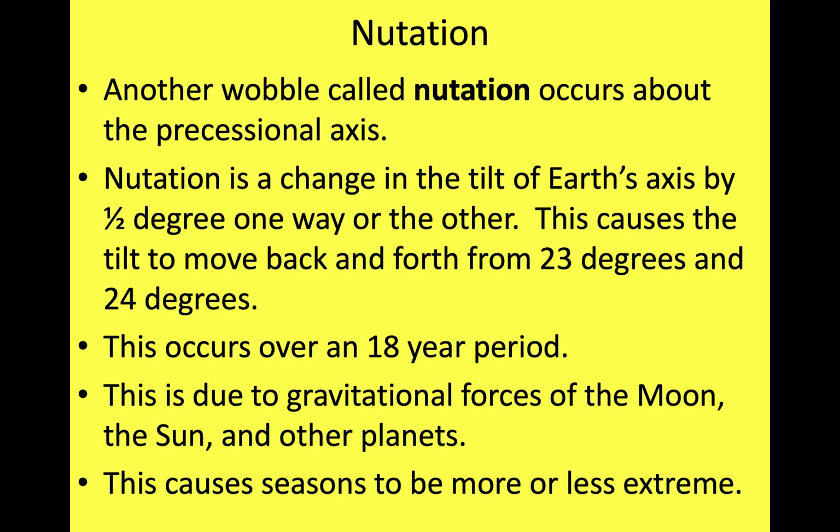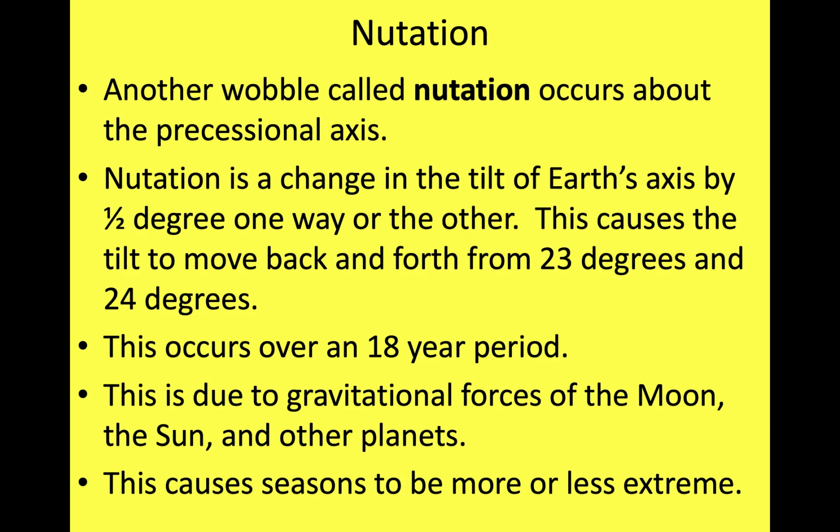This also is due to gravitational forces of the moon, but also due to gravitational forces of the sun and the other planets. And the significance of nutation is that it causes seasons to be either more or less extreme. For instance, when the tilt is greater, closer to 24 degrees, we're going to experience slightly warmer summers and slightly cooler winters.